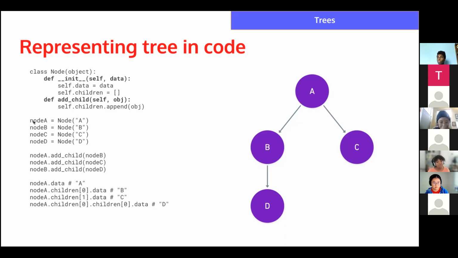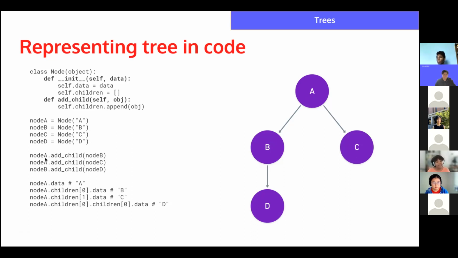One thing to recognize as we step through this code is that we're creating all of our nodes up front, and then we're adding children to them as we go through creating our data structure. So we start by just creating the nodes independently, A, B, C, then D in our first 4 lines. And then the next 3 lines are adding the child nodes, adding those relationships to each node.